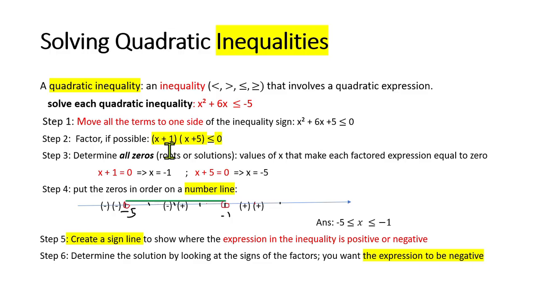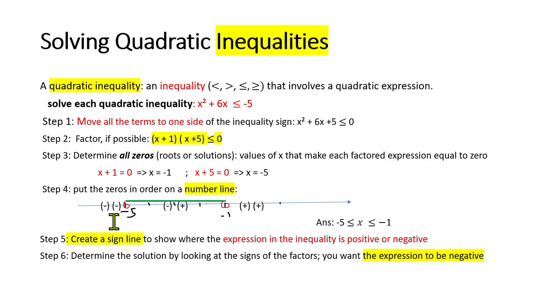Then you find all the zeros, meaning roots. So the first factor, x plus 1 equals 0, x equals minus 1. That's the zero we call. X plus 5 equals 0, x equals minus 5. Then you put all the zeros in order on a number line. So this is a number line, minus 5 and minus 1.